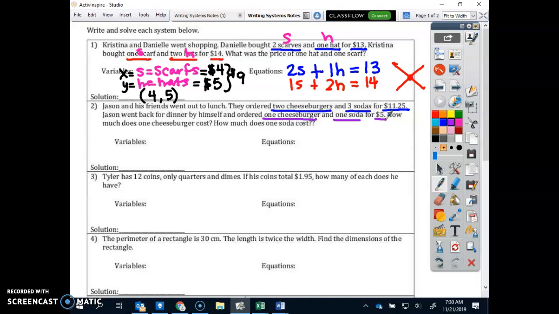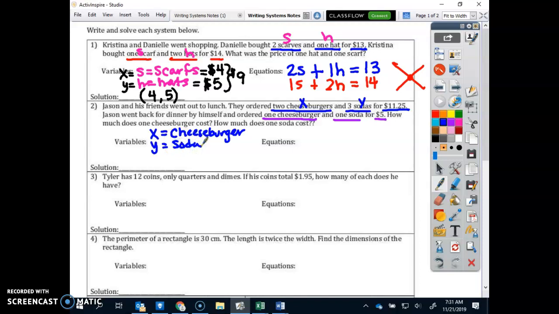And because I know that in decimals I can only put X's and Y's, I'm going to use X's and Y's. So cheeseburger is my X, soda is my Y, and I'm going to use Y for my soda.